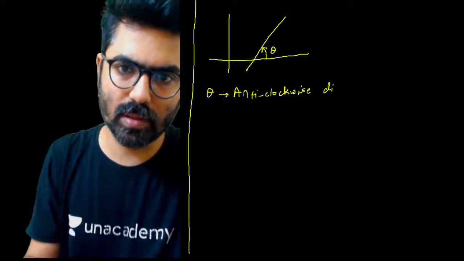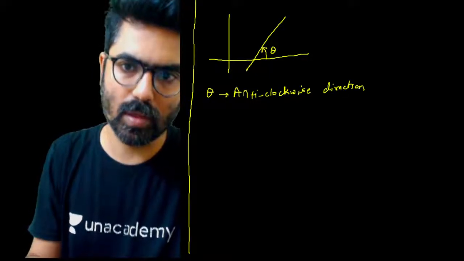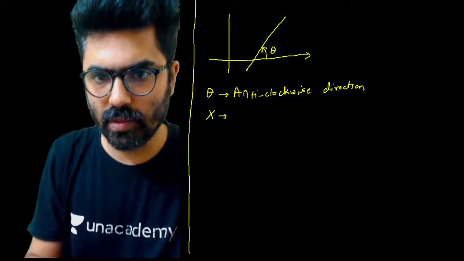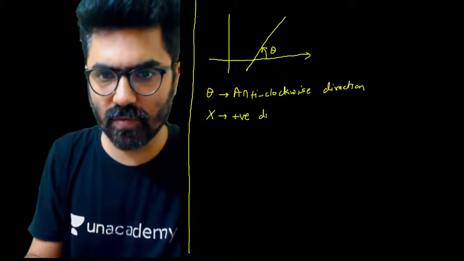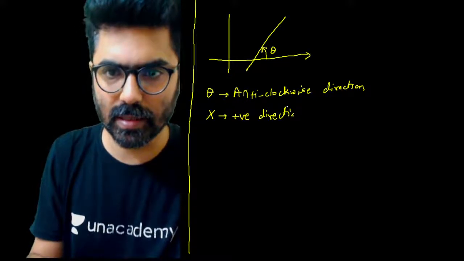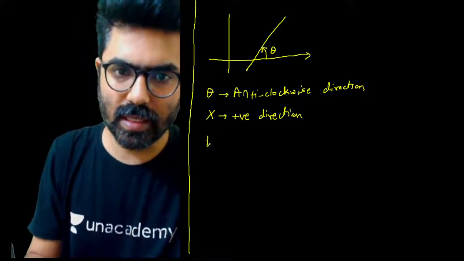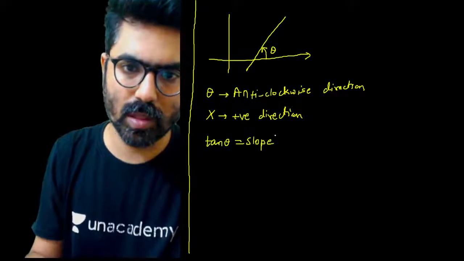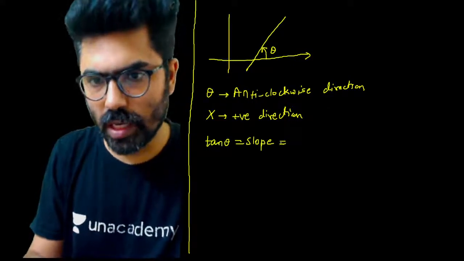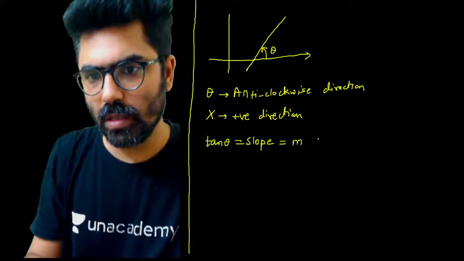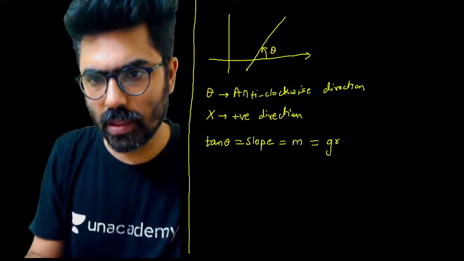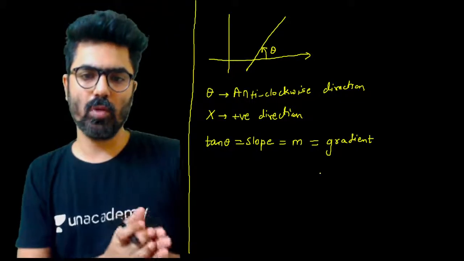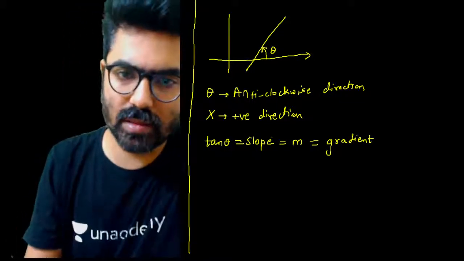In that case, tan of this angle is called slope, also written as m. There is one more term for slope. It's called gradient. Slope is also called gradient, named as m.